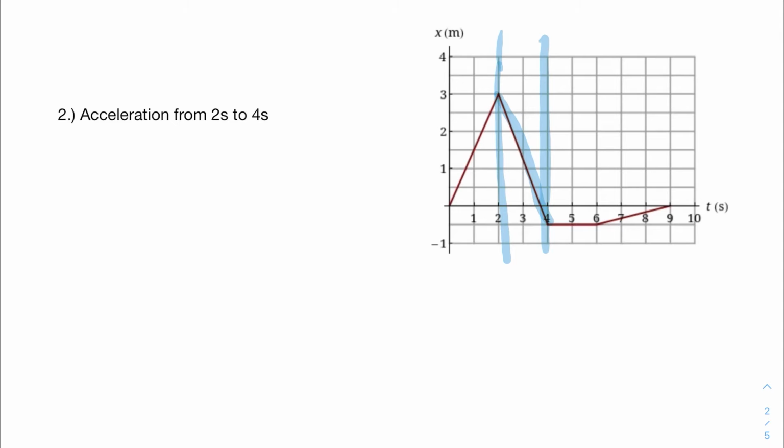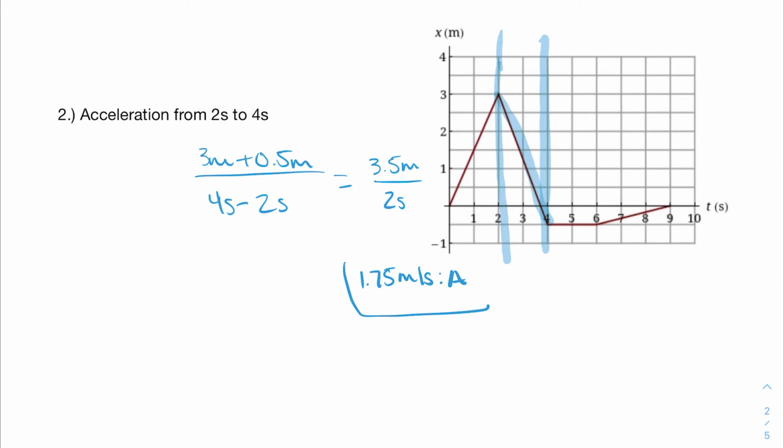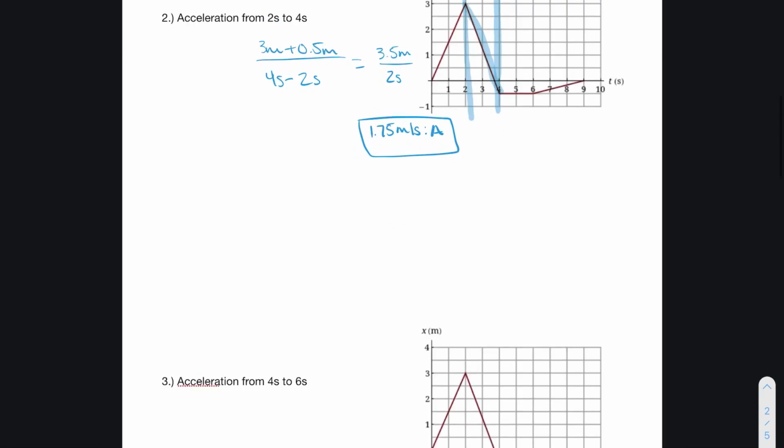Our velocity here is 3 meters minus 0.5 meters over 4 seconds minus 2 seconds, giving us 3.5 meters over 2 seconds. We divide that. We get 1.75 meters per second as our acceleration for the second portion of this problem.